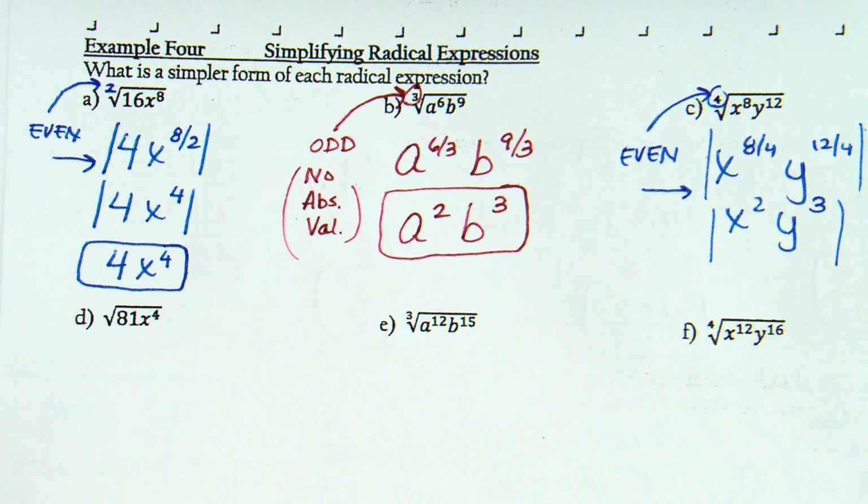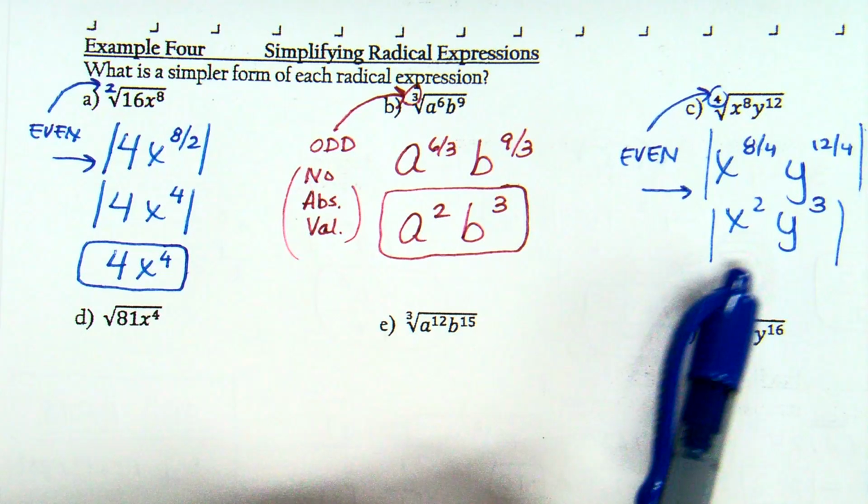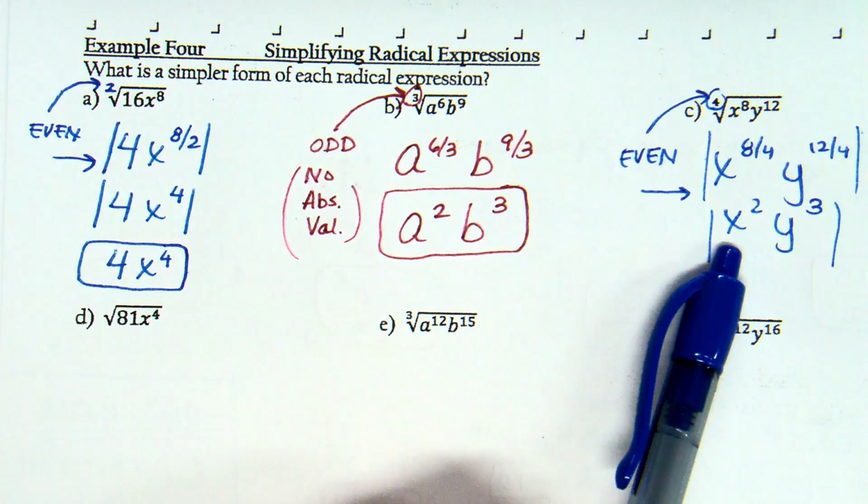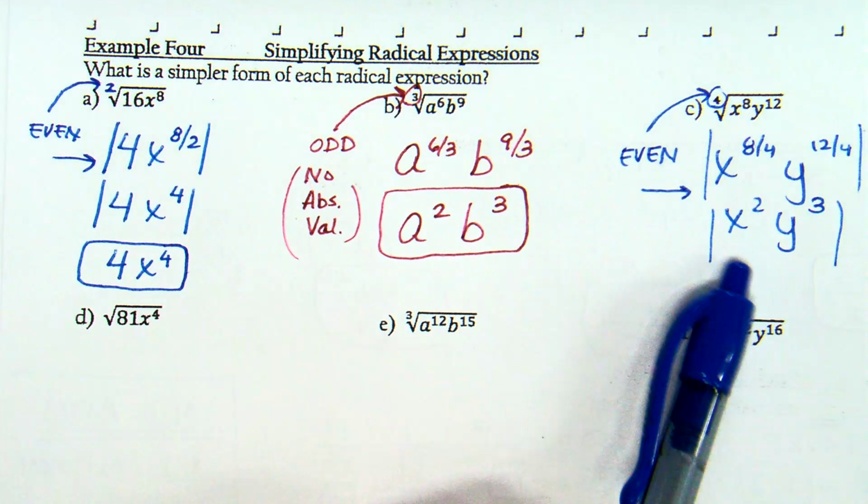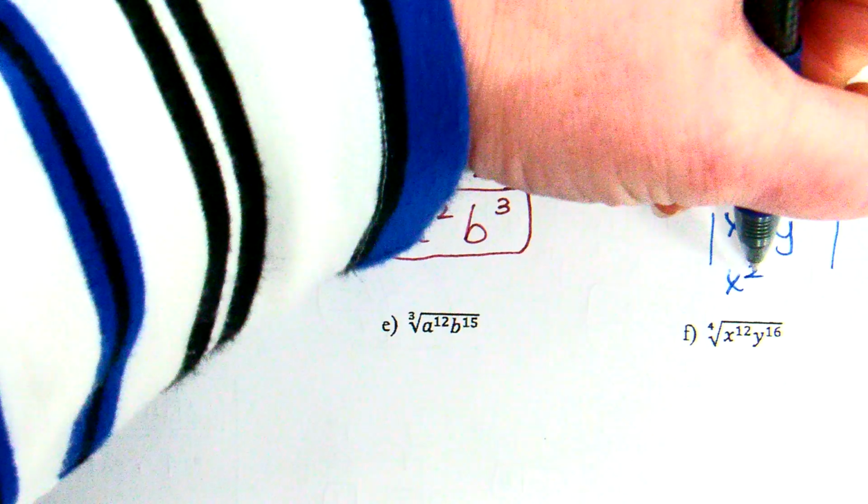So we take this fourth root. Could an answer of x squared ever be a negative? No, because anything raised to an even power is a positive, right? So x squared, no matter what my answer looks like, will not have absolute value bars on it.